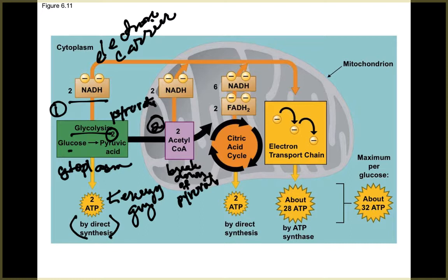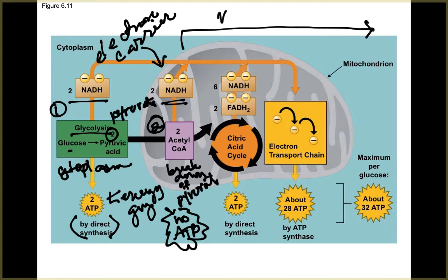If you notice in this, there is no ATP. The only thing it makes is 2 NADHs, which is the energy carrier. And from here on out, they're all made in the mitochondria.